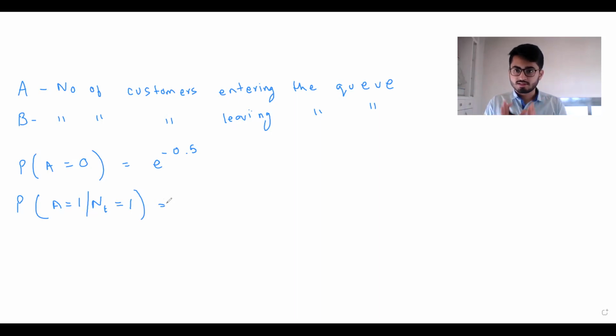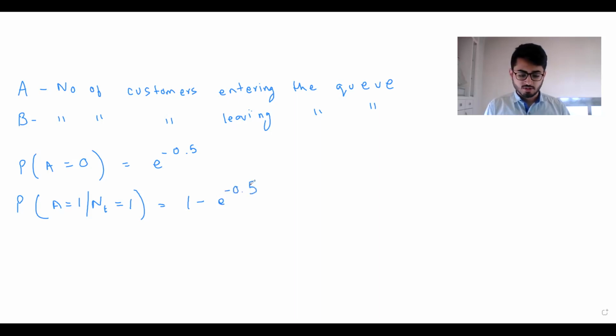So now think of it in this way. Let's say NT is 1. Just before the beginning of the day, there was one customer waiting in the queue. So in the next day, either 0 customers would be joining the queue or at the most 1 can join. So to calculate this probability, what I would be doing is 1 minus the probability that 0 customers join the queue, because the probabilities must add up to give us 1.